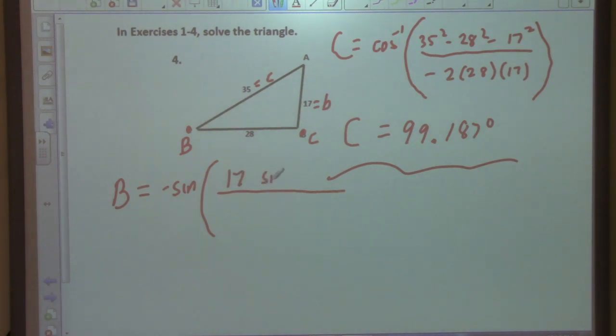So 17 sine 99.187 degrees over the opposite one, 35.